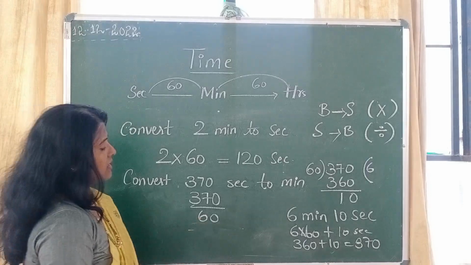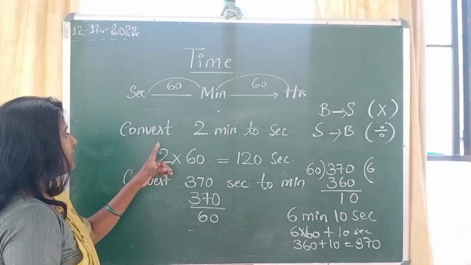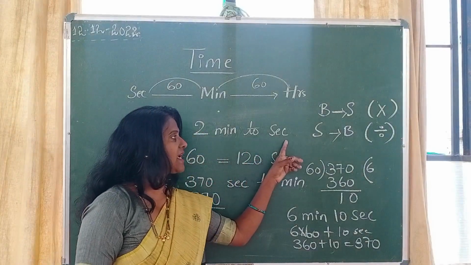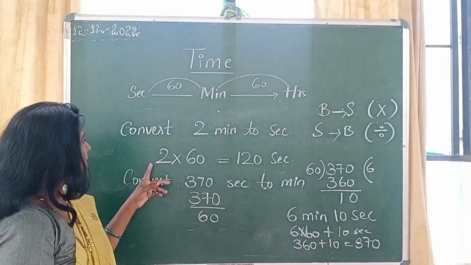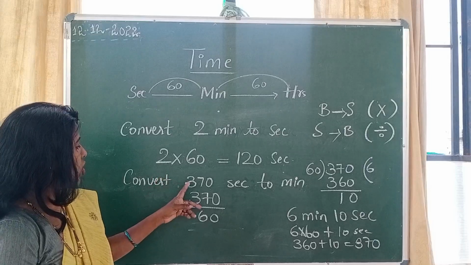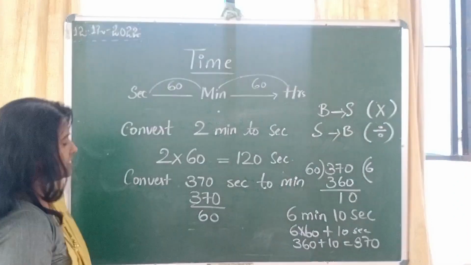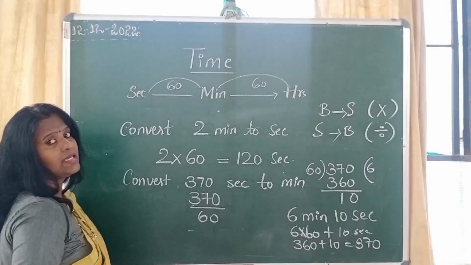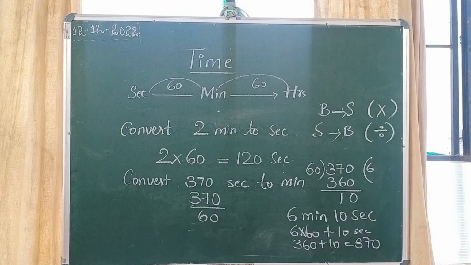So this is the right answer. Have you understood? Whenever you want to convert minutes to seconds, bigger unit to smaller unit, you have to multiply. Whenever you want to convert smaller unit to bigger unit, then you have to divide, dividing the whole by 60. Okay.